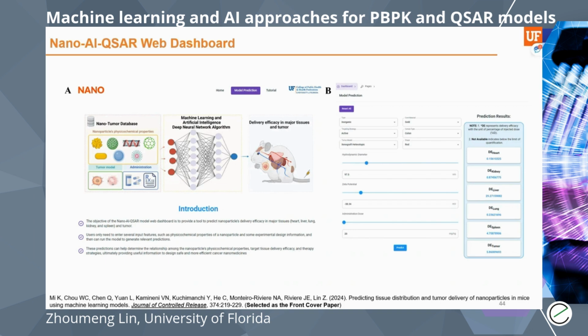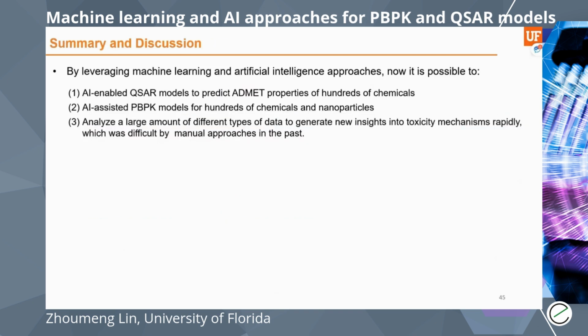And this modeling method can be applied to develop a model in healthy animals, which is important to provide a tool, a PBPK model, to help risk assessment of nanoparticles. So through our research, we found that nowadays we can leverage machine learning methods to build many advanced QSAR models to predict ADME properties of hundreds, thousands of chemicals.